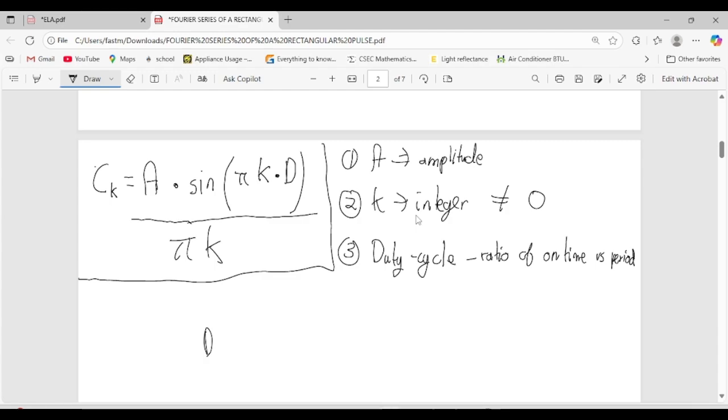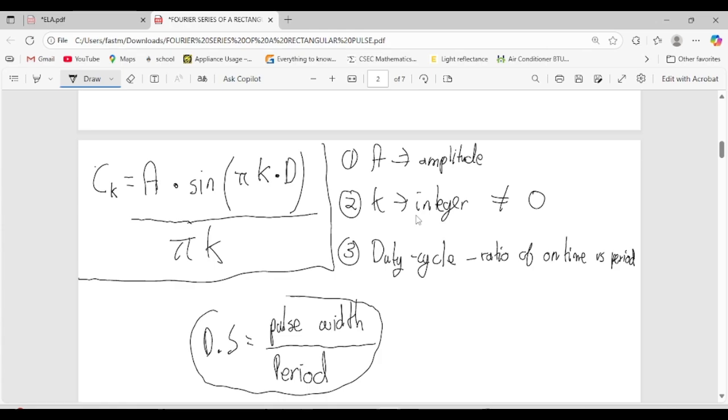Some people stress out about it, but don't stress too much, because the general basic equation is just the pulse width divided by the period. And if you remember from the example we did before, the width of the pulse was 2t1.